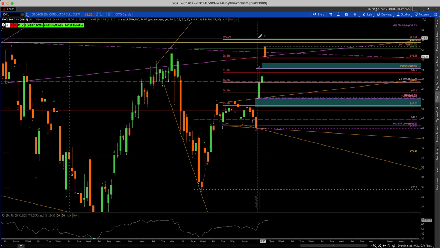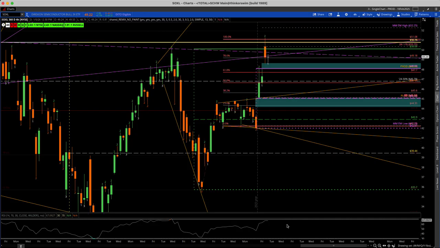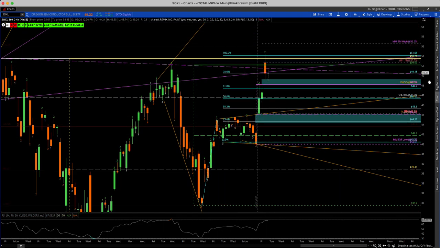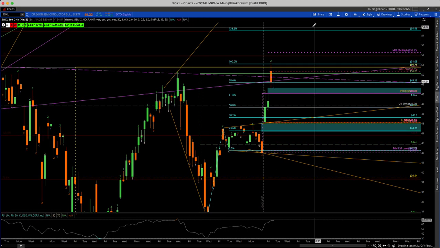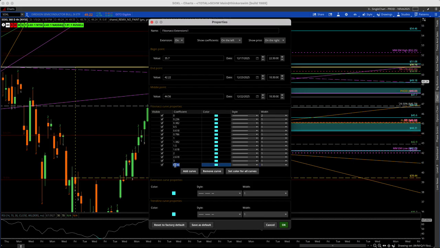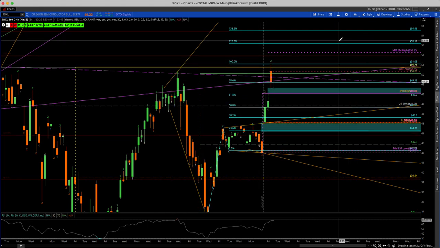All right, let's go ahead and just change this so it's not blending in with so much other stuff. Okay, there we go. So here's our bull flag, our holiday bull flag, we'll call it, right? Actually, let's change this to 1.236. There we go. So we've got another level here.